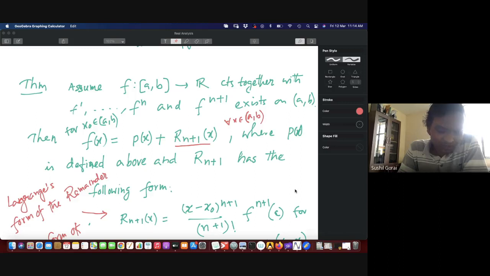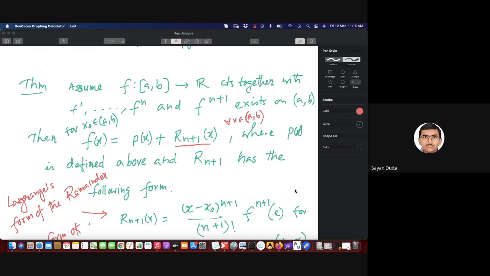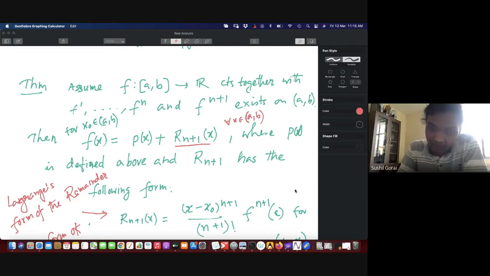So you see, what do you mean by close? The difference between f(x) minus p(x). Given epsilon, there exists a delta in a neighborhood. You are doing the approximation. For given epsilon, there exists a delta such that the modulus of f(x) minus p(x) is less than epsilon on that whole interval, for all x in that interval, right?